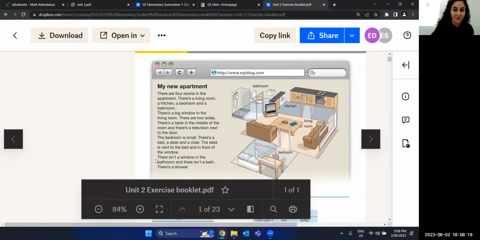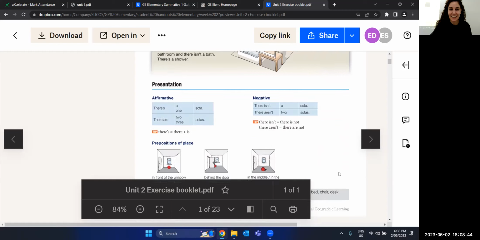There isn't a window in the bathroom. And there isn't a bath. There's a shower. Yes, good, a shower. So this is the apartment. Good. Let's do the exercise.